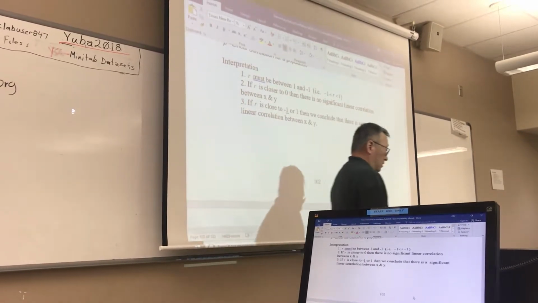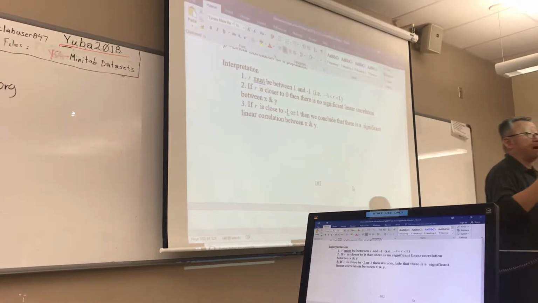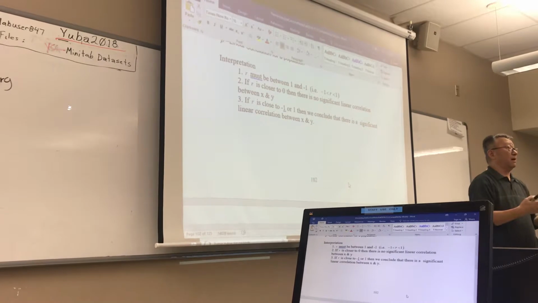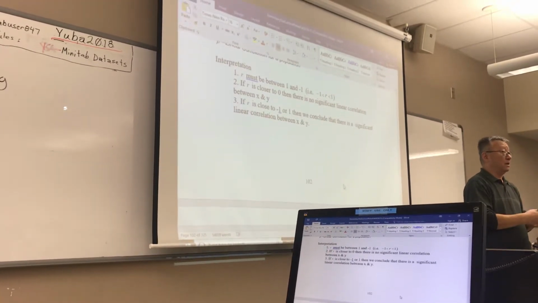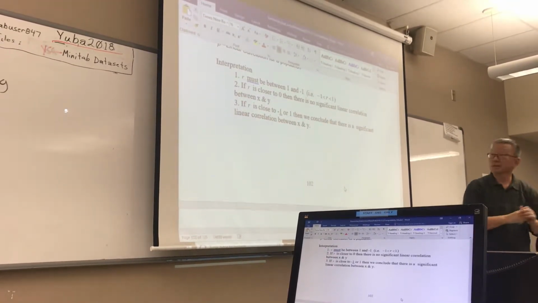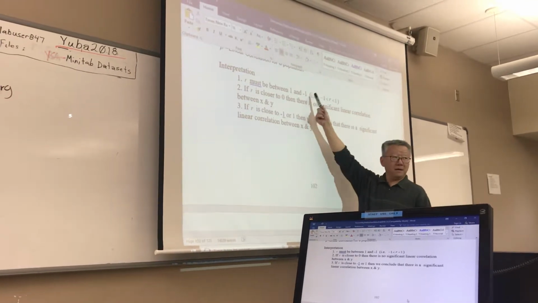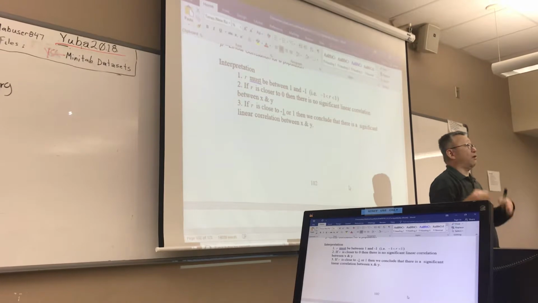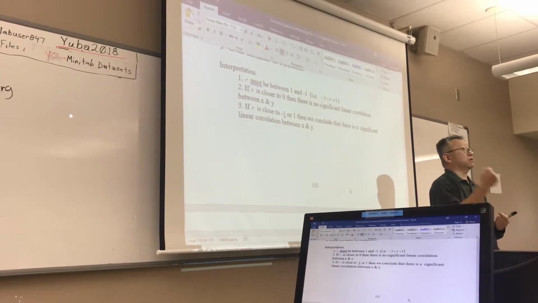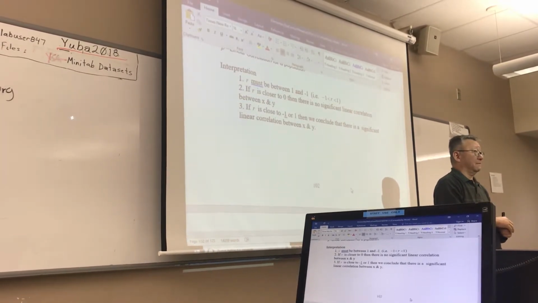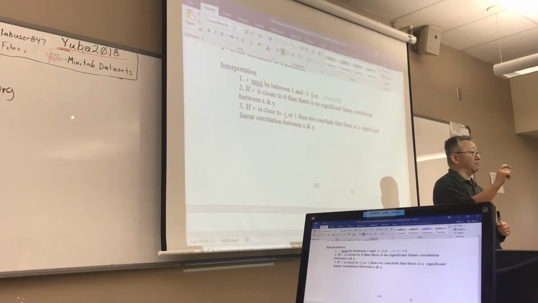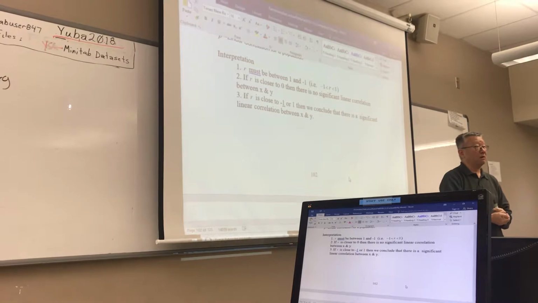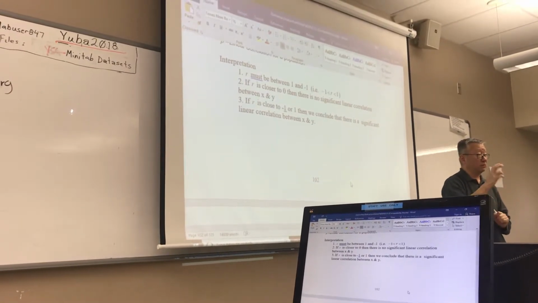If the coefficient that we found is close to 1, we assume there's a strong correlation between these two variables. On the other hand, if the coefficient is very close to negative 1, it also indicates a very strong relationship. So 1 and negative 1 indicate very strong correlations between the two variables.